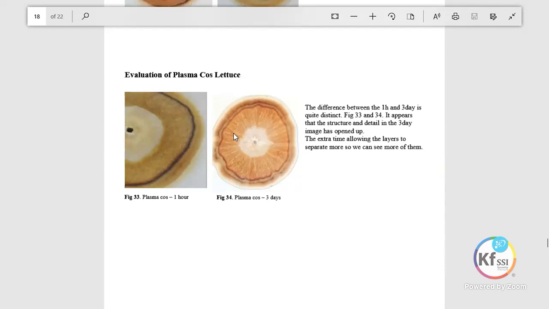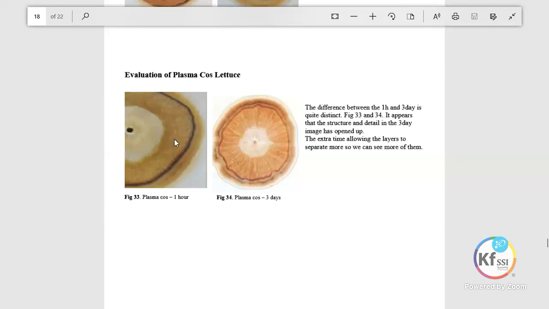So again, that's telling me that this extra time allowed the layers to separate more, so that the caustic environment was able to open up a little more of the layers so that we could see the difference between 1 hour and 3 days.